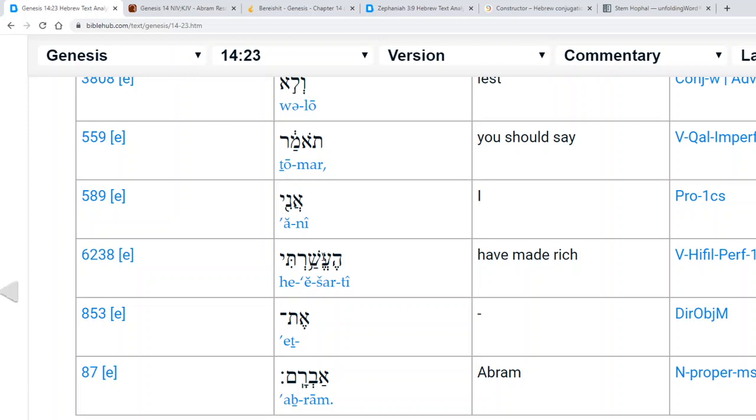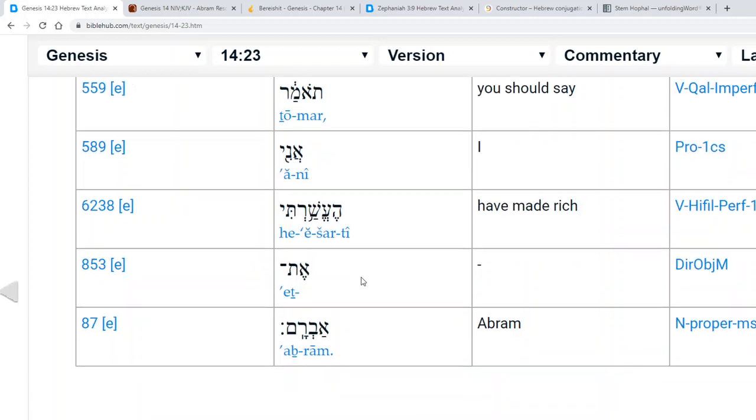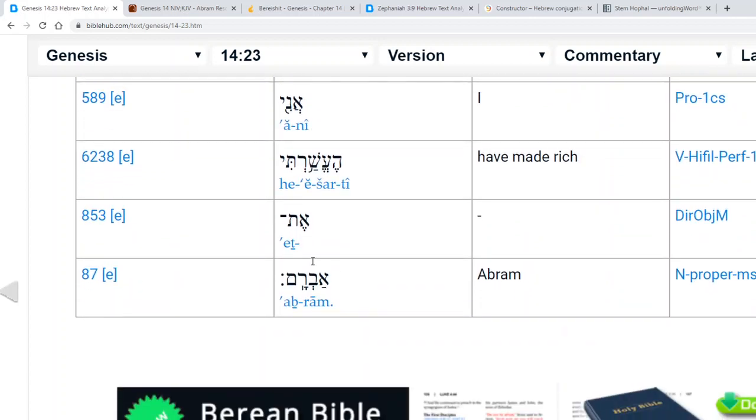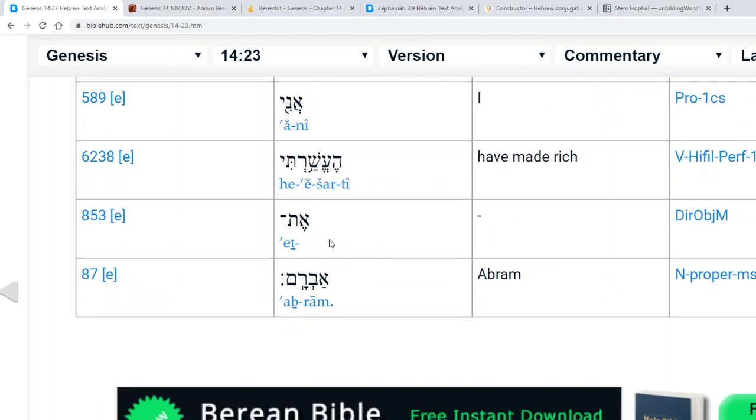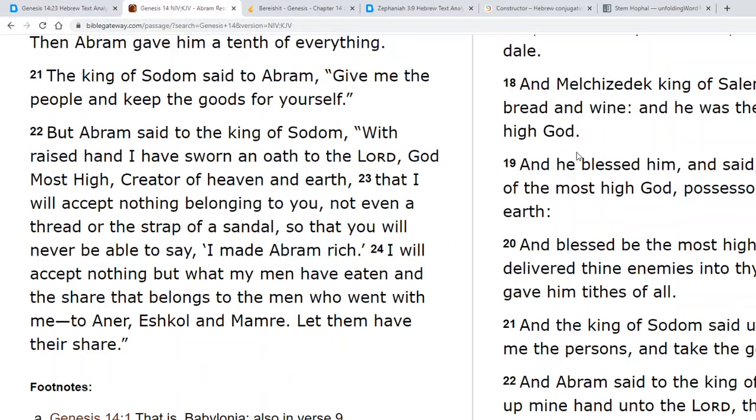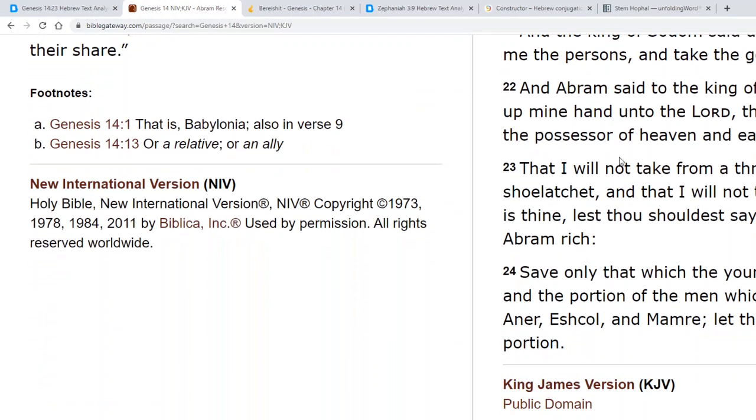I almost want to say, why isn't this in the hofal instead of the hefil? But you can play with that if you want. They're saying hefil. There's no yud there. I would think if it was in the hefil, it would be heshirti. No, I want to say it's in the hofal. That's what I want to say. But okay, Et is the direct object marker. Avram is obviously his name. King James, verse 23.